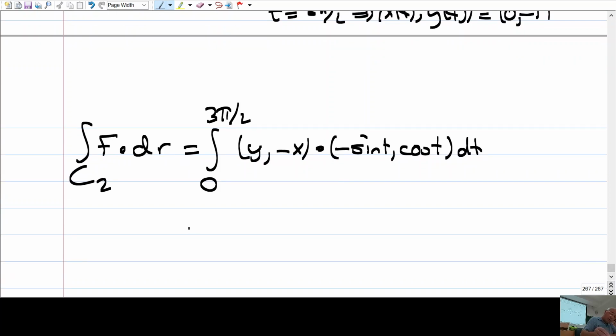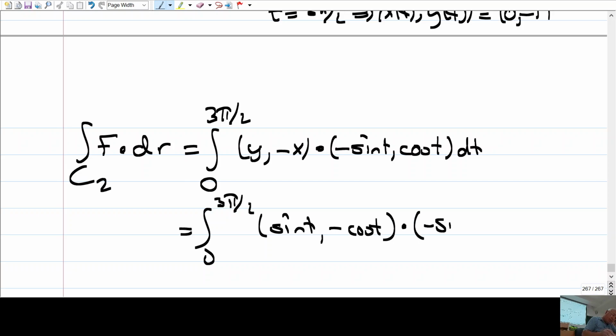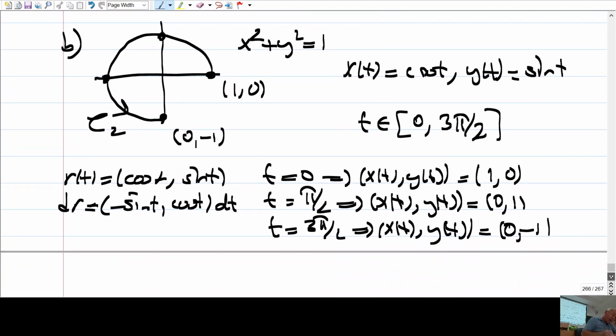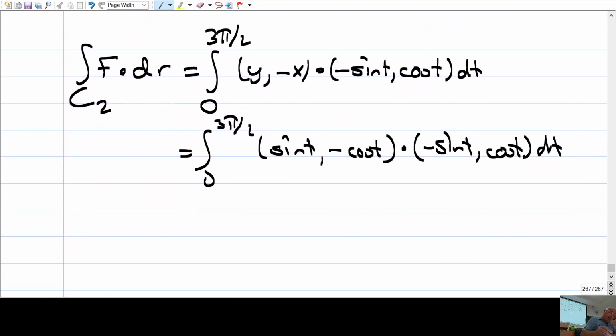Of course, y is just sine t, x is cosine t. So I have this minus sine t, cosine t, dt. X is cosine, y is sine.